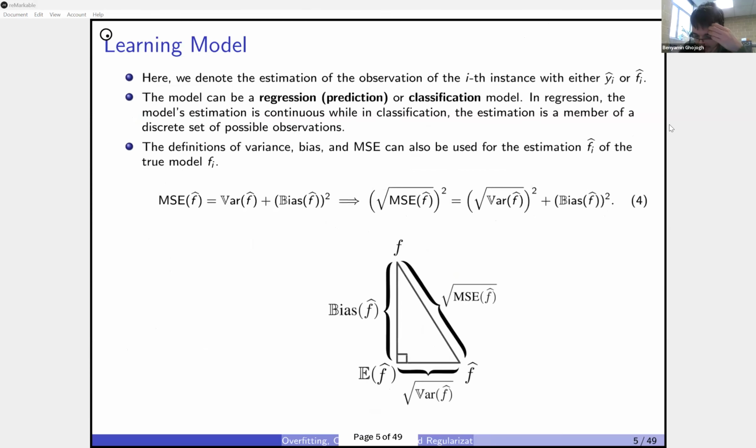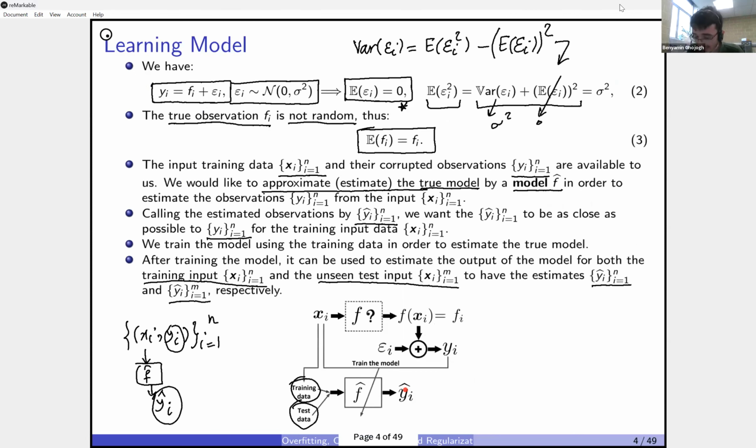Okay. Here we denote the estimation of the observation of the ith instance yi hat. We also might call it fi hat. Okay. So here, do you remember in this figure? We had fi, which we didn't have access to. We have yi, which is fi plus some noise. Yi is available for training data.